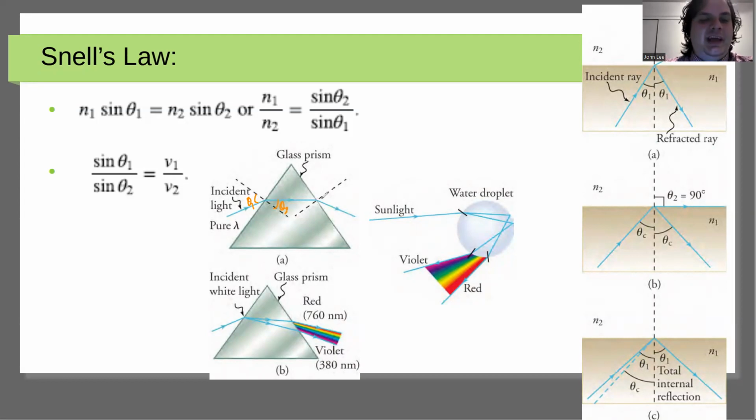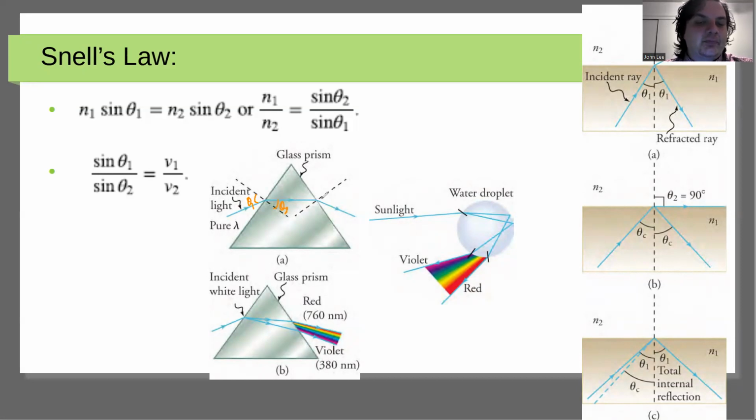But that's true if you just have one wavelength. Something that happens is that the index of refraction is actually dependent on the frequency of the light that you're looking at.